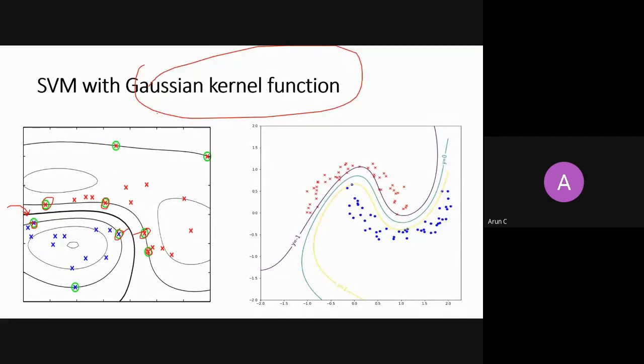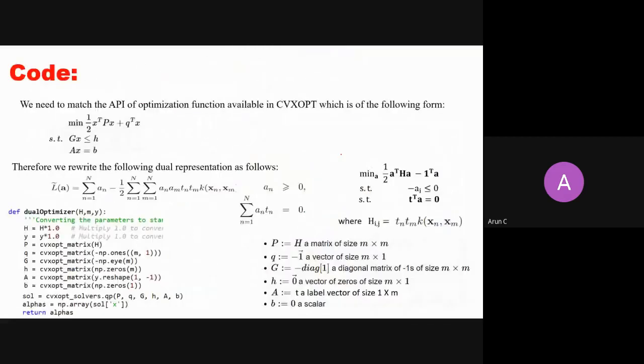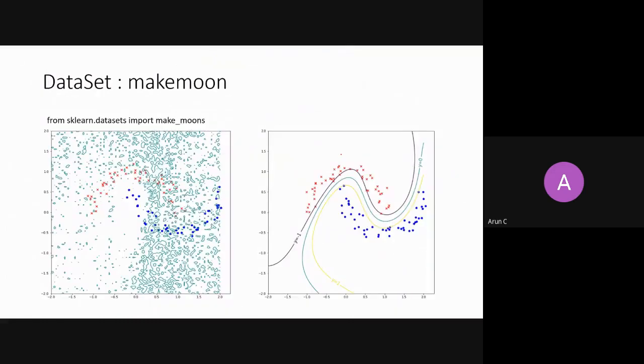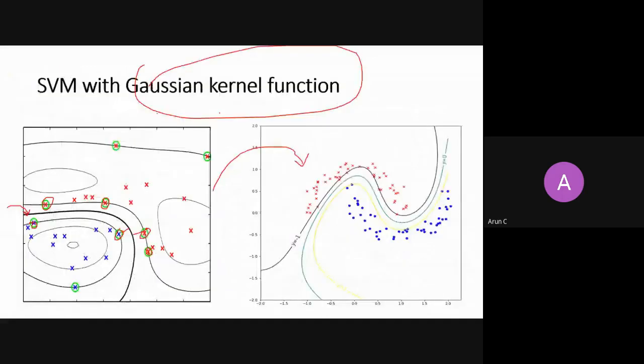Just to do it in your lab, you can use this data set. It is available in your library. You import make_moons from sklearn datasets, and then apply your kernel function here.